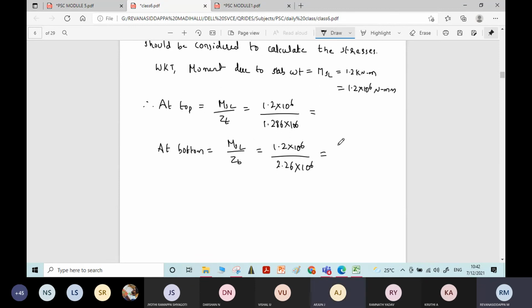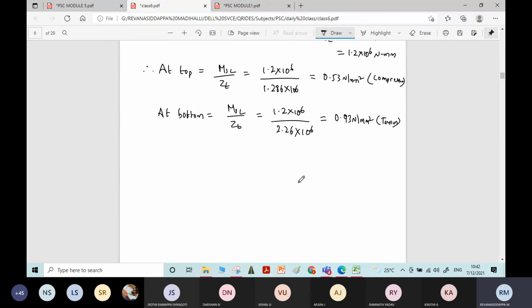Tell me the answer. 0.53, 0.93. Yes, 0.53 Newton per mm square. What is the nature of stress? Compression or tension? Compression. Yes, it will be compression. And 0.93 Newton per mm square is tension. Okay.